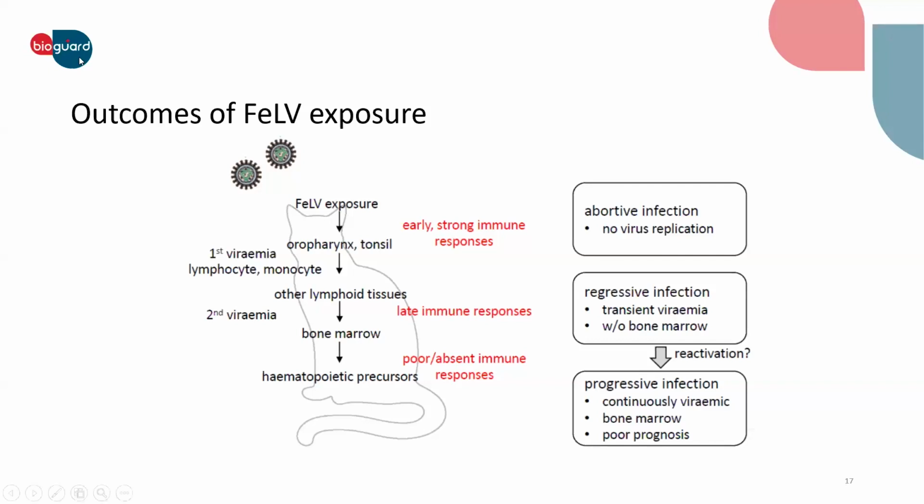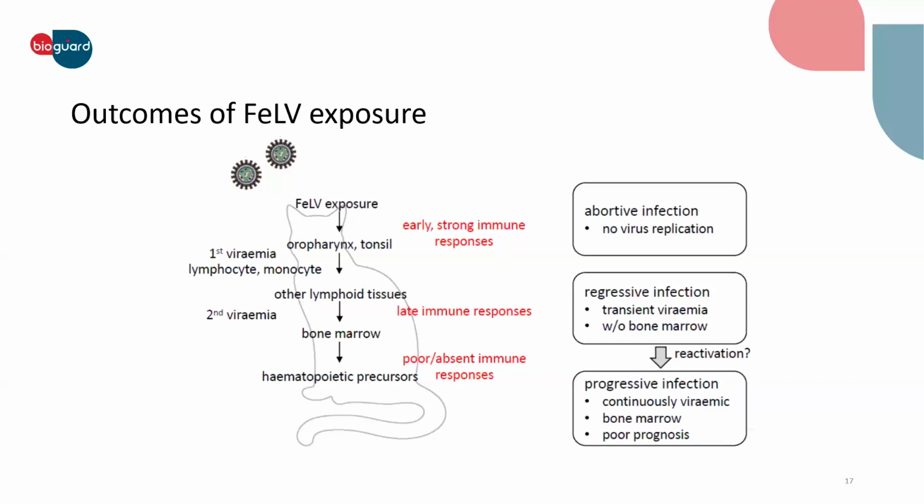if the cat has an early and strong immune response, like a cat that already got the vaccination and is in good health, it will produce a very strong immune response and get rid of those viruses.